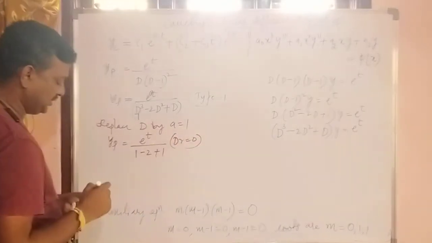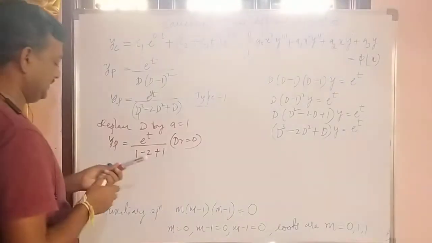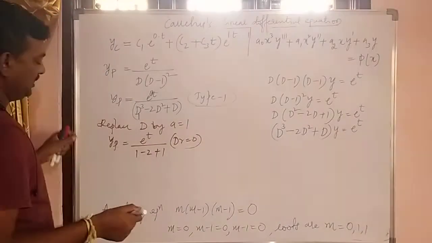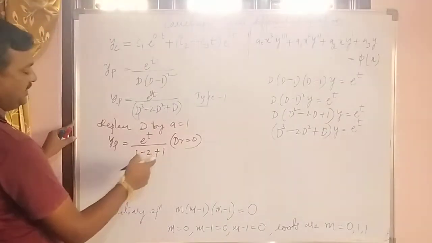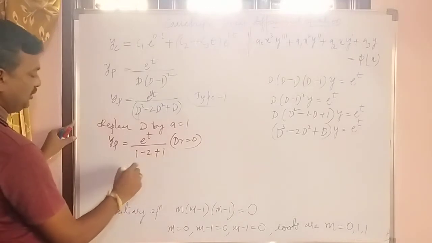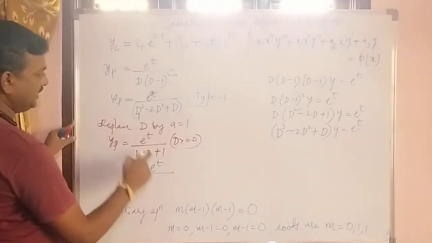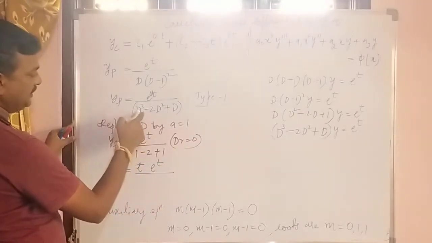If the denominator is 0, as we saw in the last video, we multiply the numerator by the independent variable and differentiate the denominator with respect to d.